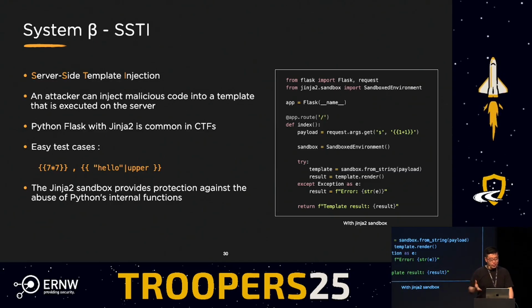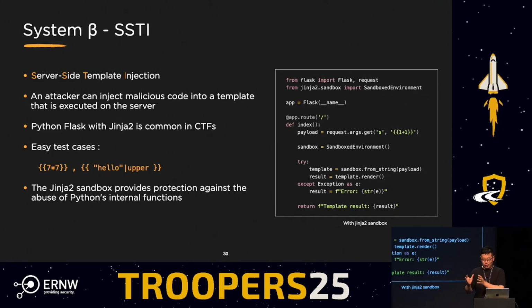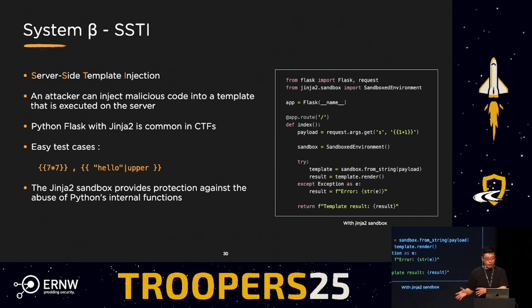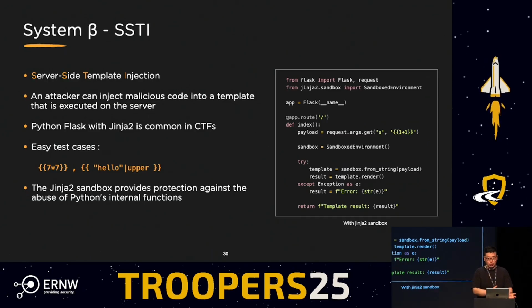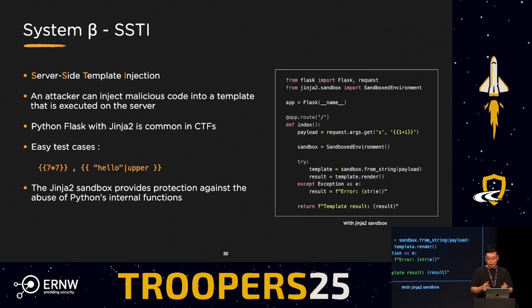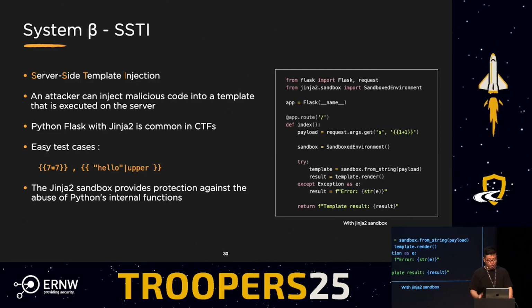SSTI is server-side template injection. Some systems implement this kind of format where they first render the content in the backend and then respond to the user, which is different from what we normally see on websites, where you have JS that calls the API, gets the response, and renders it on your page.